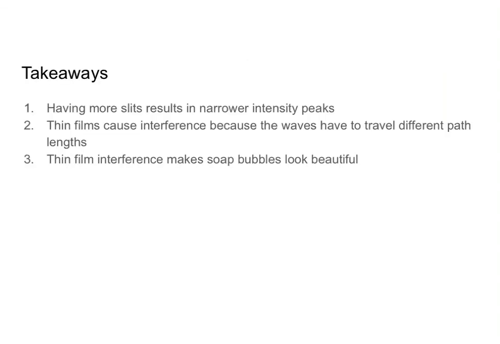Because of this interference, we are going to get this lovely rainbow pattern on our thin films. So let's go ahead and talk takeaways. First of all, having more slits results in narrower intensity peaks. So rather than a single broad beam of light, we'll see smaller dots within that broad spectrum of light with dark spots between them.